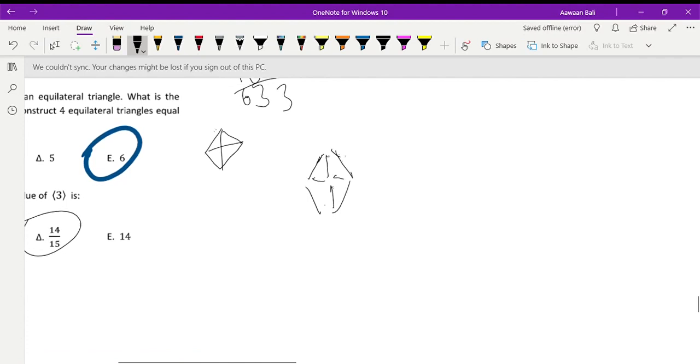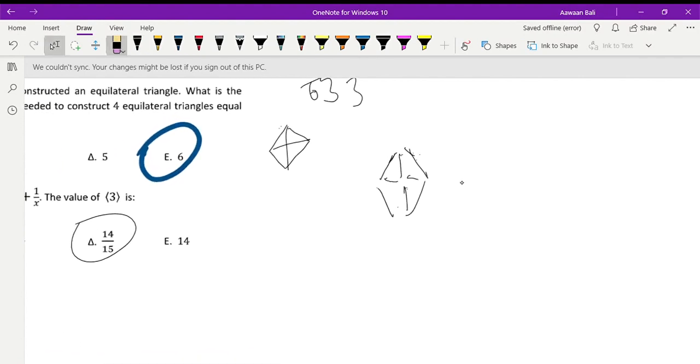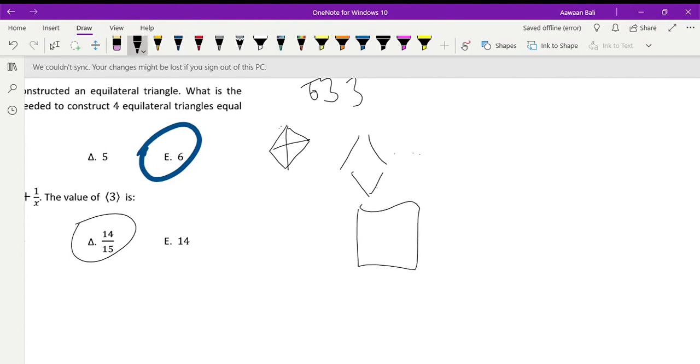1, 2, 3, 4, 5, 6, 7. Oh, sorry. We put 4 matches like a square. And when you make a square, you can actually make some equilateral triangles like this, if you do it properly.